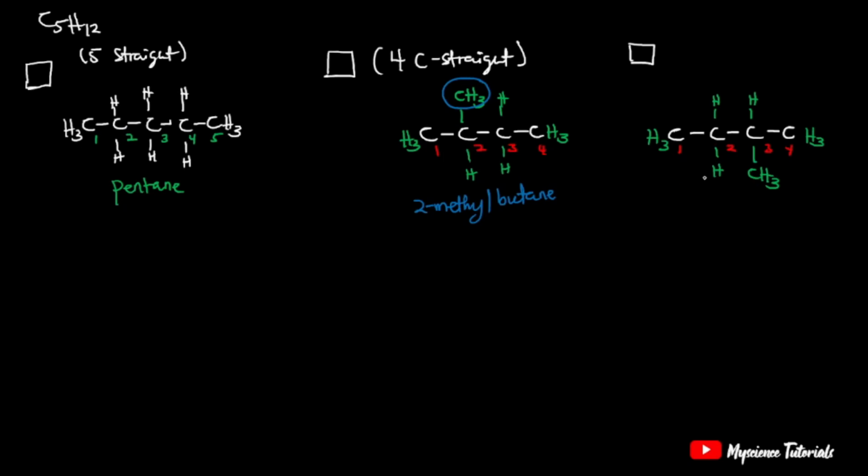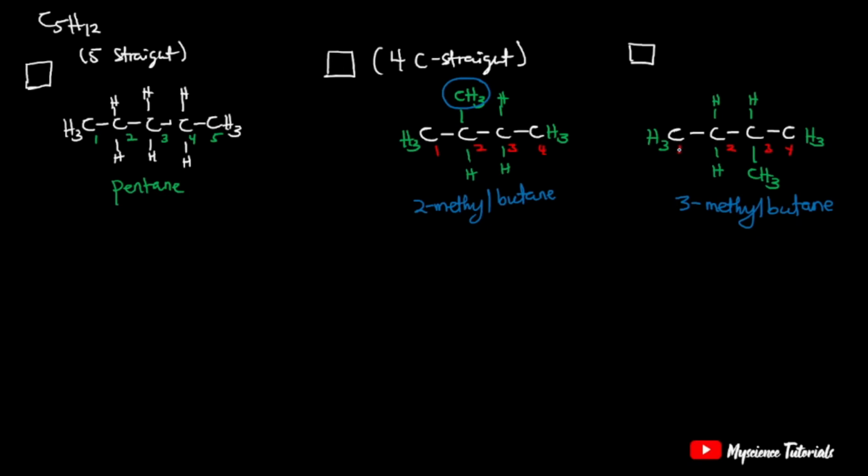Now if you look at this really well, someone will be tempted to write what? 3-methyl butane, because you can see that the longest continuous chain is 4, and then we have this methyl group on carbon 3 over here. But that is wrong, because when naming alkanes, we need to give the substituent the least locant.